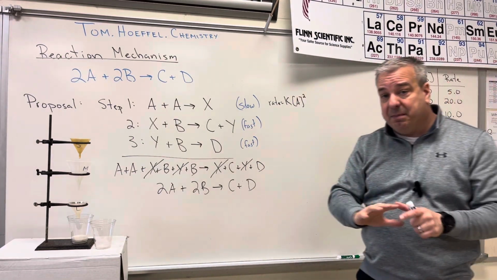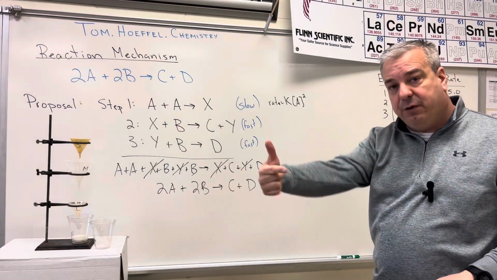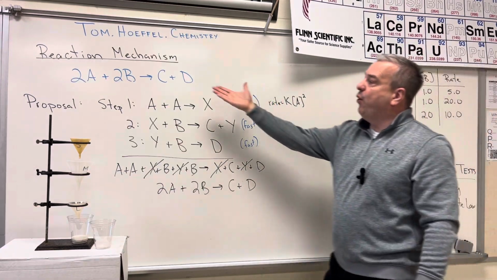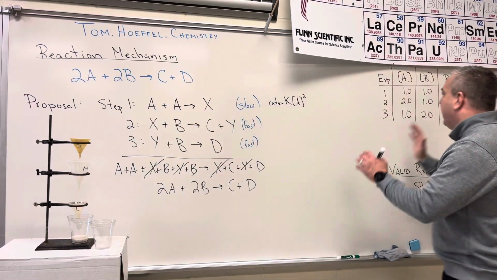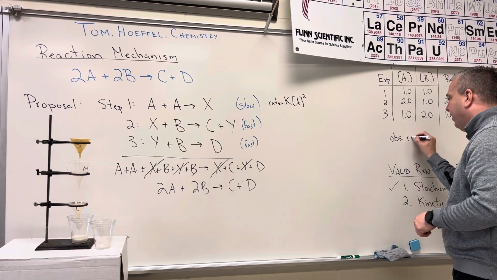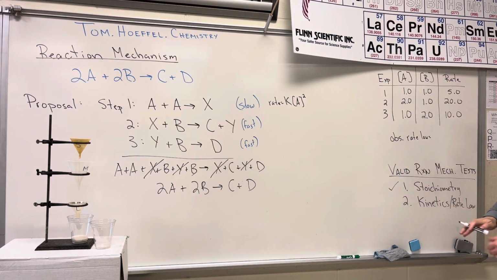And this is kind of like the beginning of kinetics. So if you don't know how to do this, you can go back a few videos and find how to figure out the rate law for an overall chemical reaction. But let's go ahead and do this work. Let's figure out what the observed rate law is based on my experiment, okay?